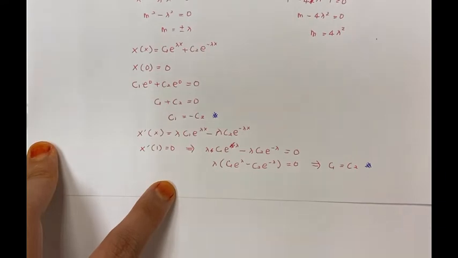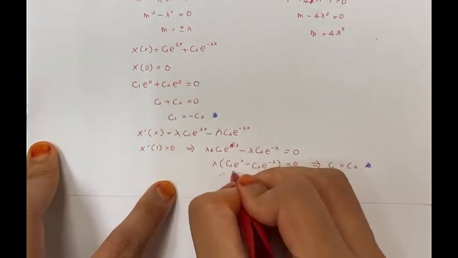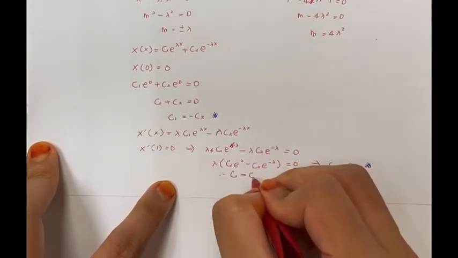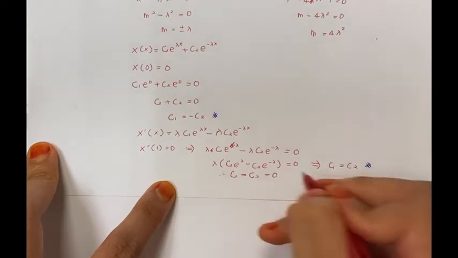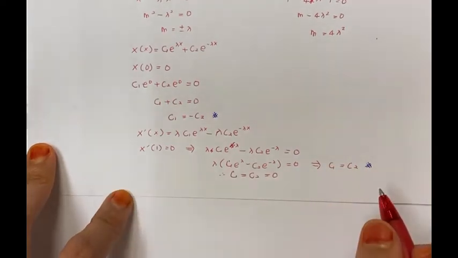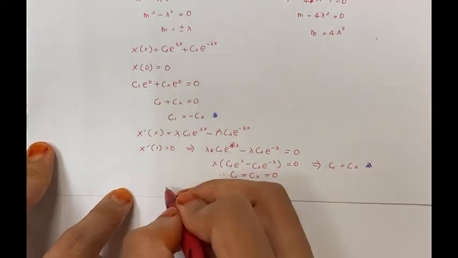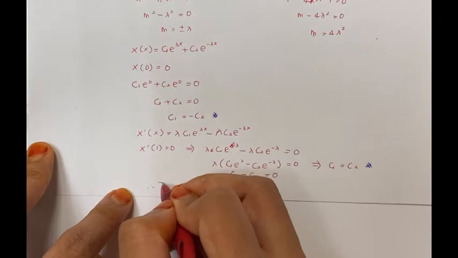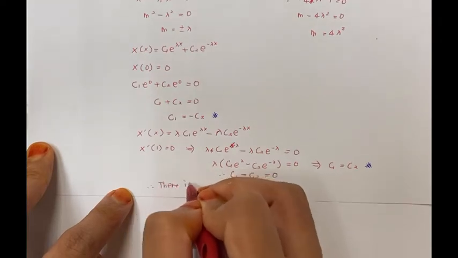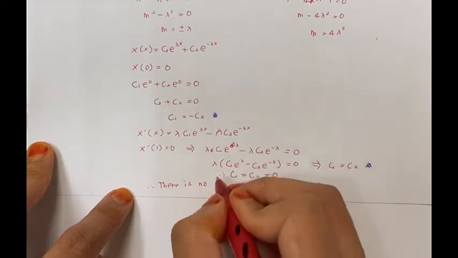So you can conclude that C1 and C2 are both equal to 0. So we can conclude that there are no eigenvalues.